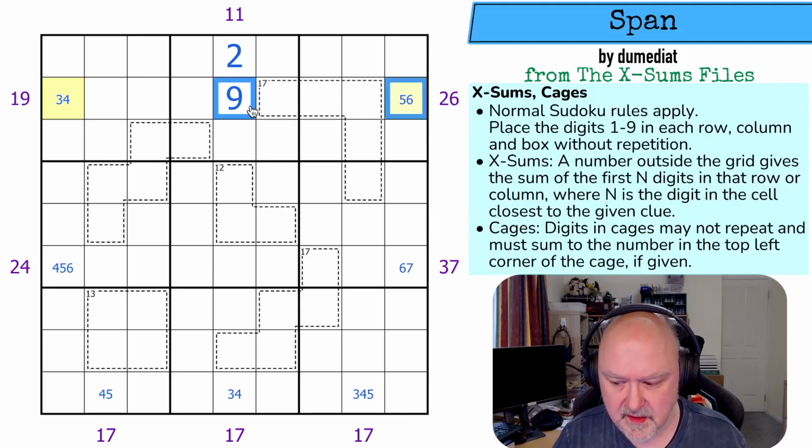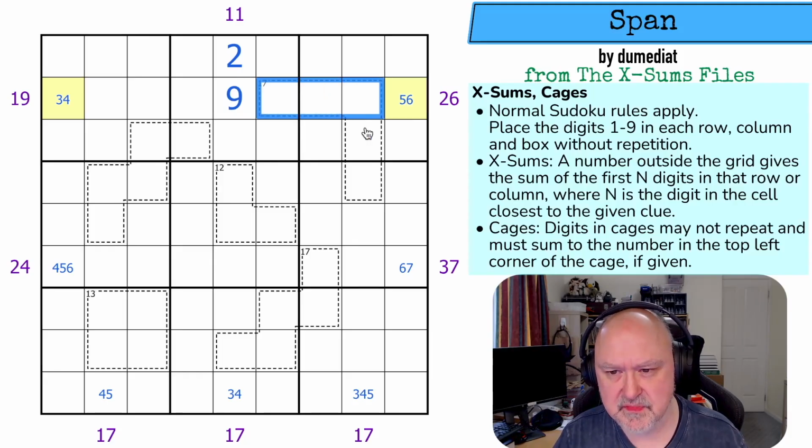5 and 9. 5 and 9 would be 14, and those would need to sum to 26 minus 14, which is 12. That seems okay.